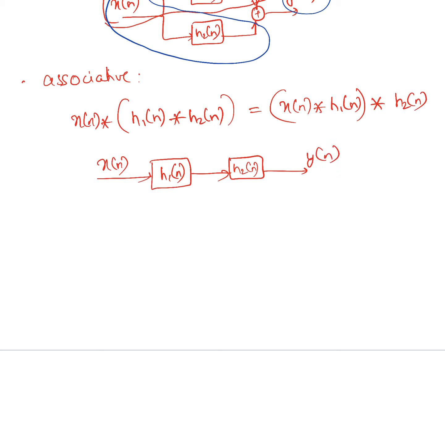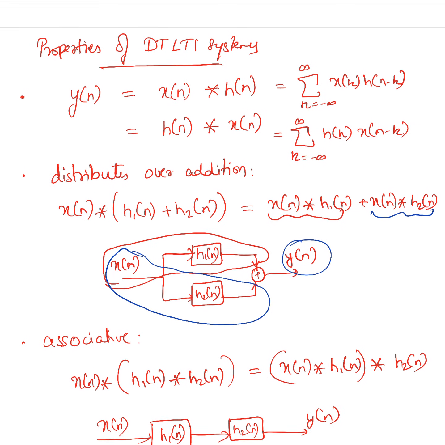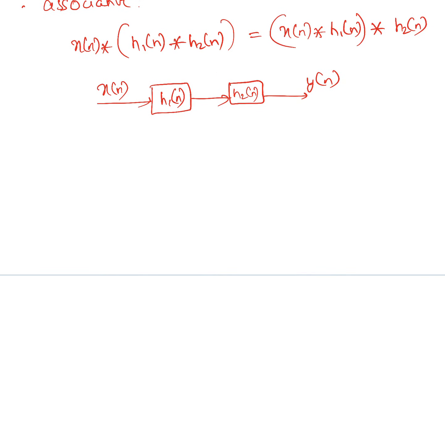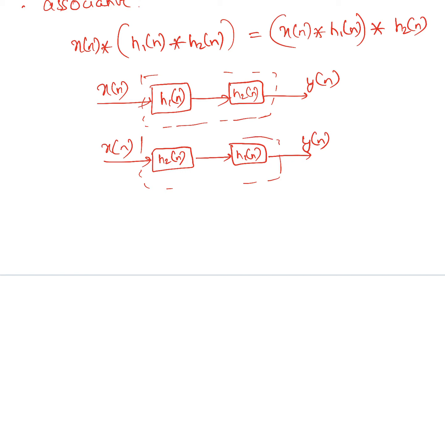Since from the first property I can redraw this block diagram as h2 of n convolved with h1 of n, it will again give me the same response for the same input. So both can be written as h1 of n convolved with h2 of n, or h2 of n convolved with h1 of n.